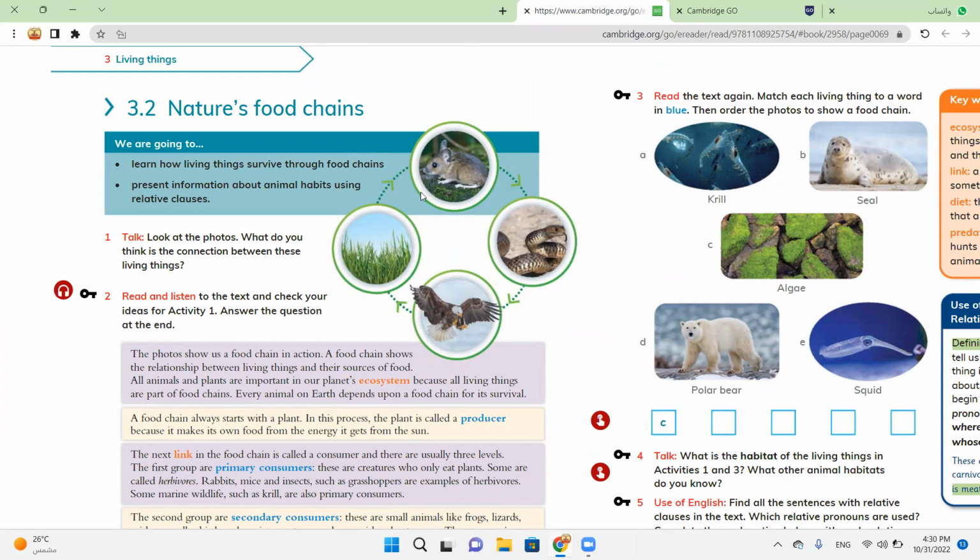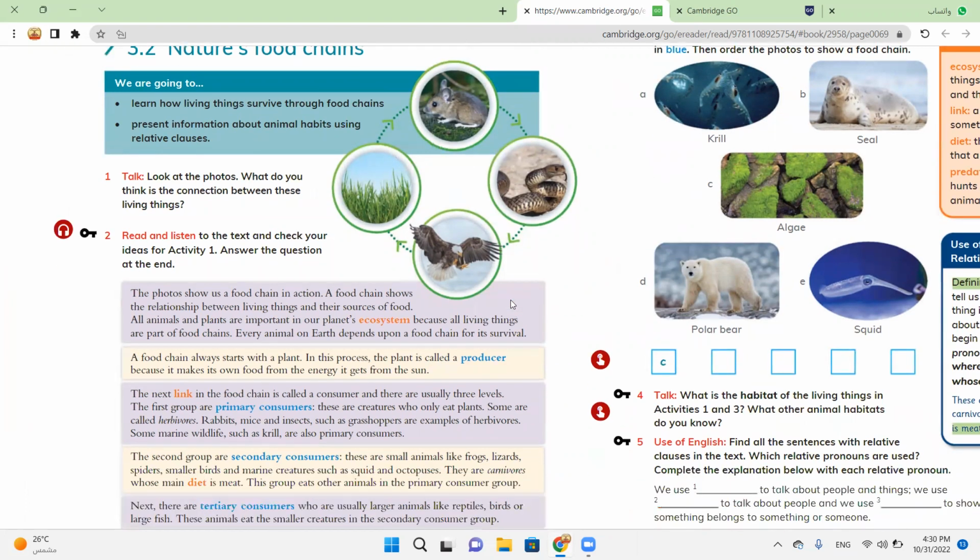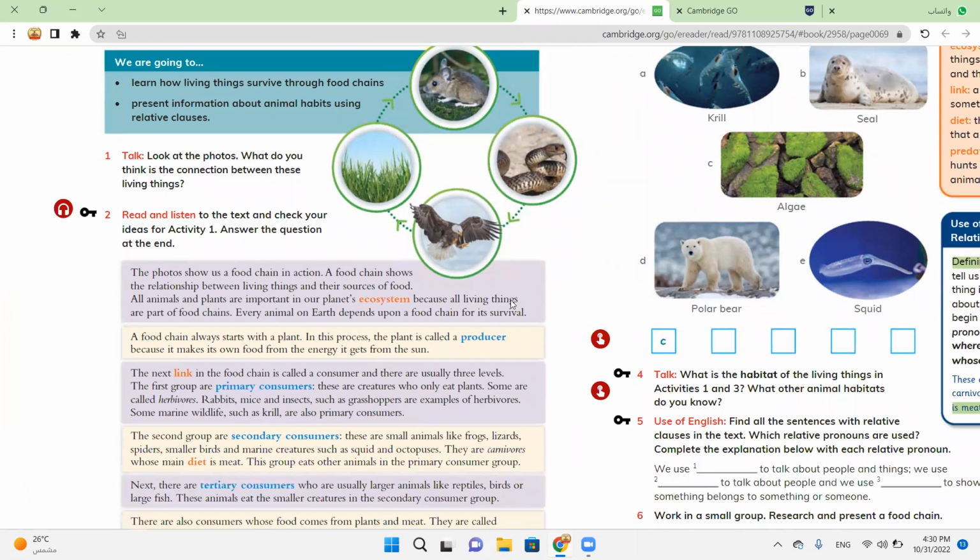So first we have the mice eating the plants, snake eating the mice, and birds eating the mice. So there is a circle that represents the food chain here, and we want to understand how the food chain continues happening.